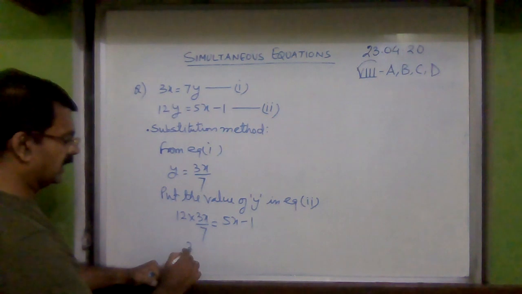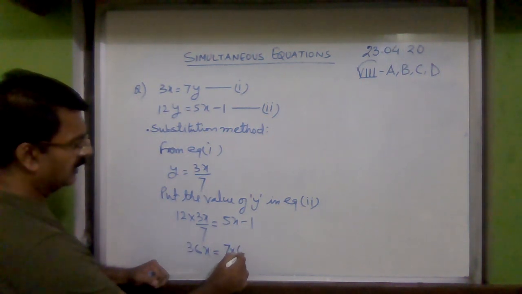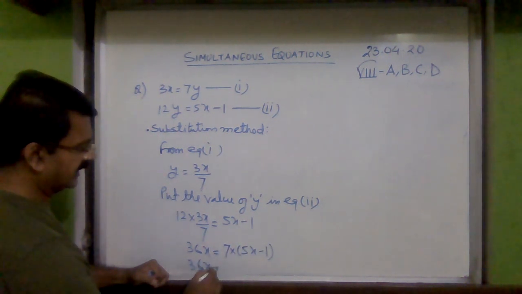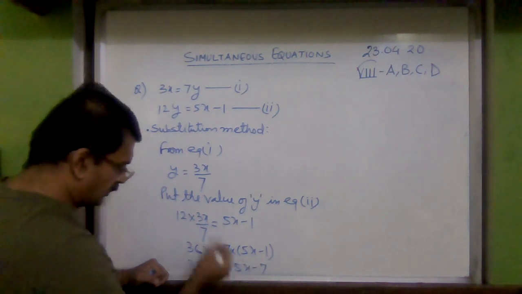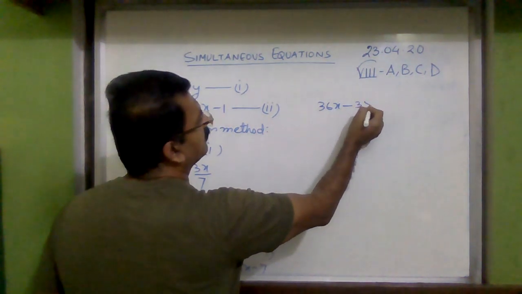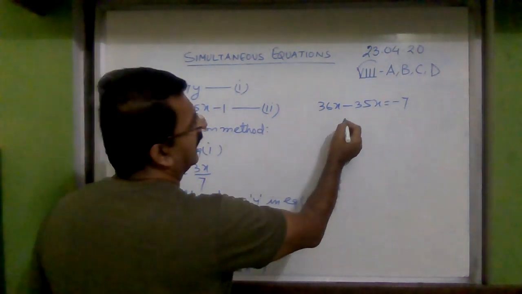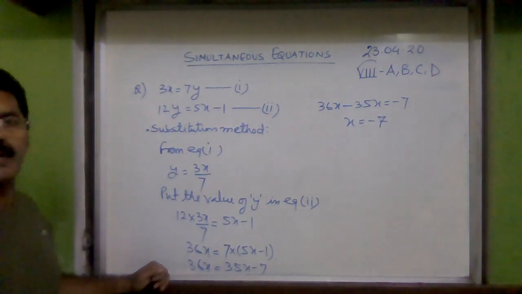So 12 into 3, 36x is equal to, cross multiply, 7 into 5x minus 1, open the bracket, 36x is equal to 35x minus 7. So 36x minus 35x is equal to minus 7. That means x is equal to minus 7. We have found that x is equal to minus 7.